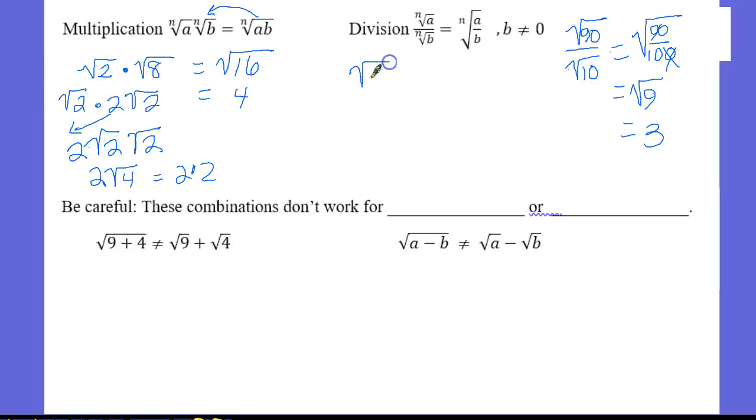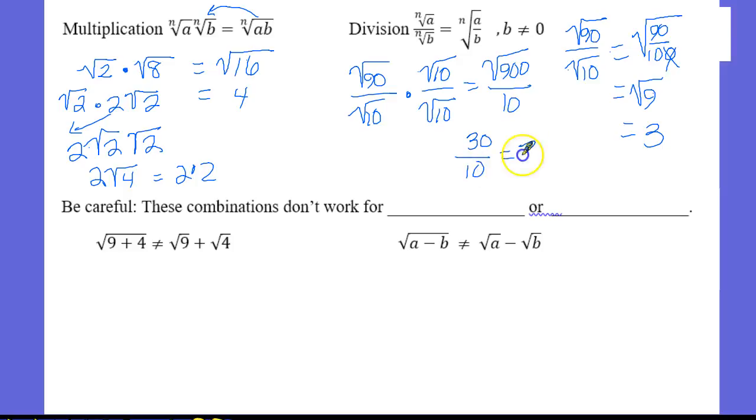So if I was to take the square root of 90 and the square root of 10, and I wanted to simplify that in this form, I would have to multiply it times the square root of 10 over the square root of 10, which equals 1, which will give me the square root of 900 over 10. And the square root of 900 is 30, and 30 divided by 10 is 3. Same answer that I got the first time. But look at all the work that I had to do to get there.